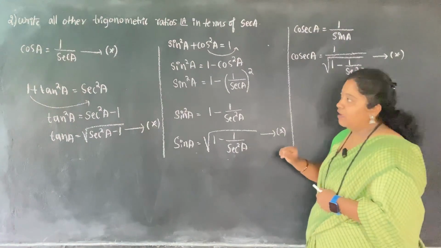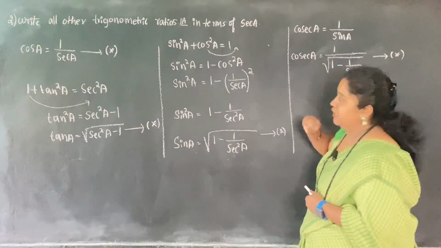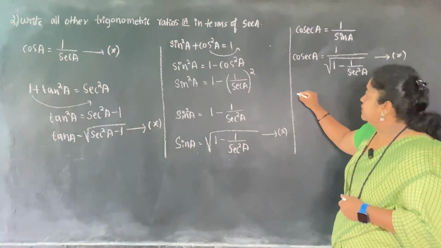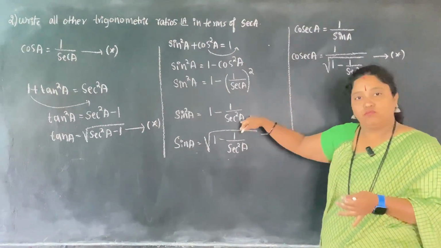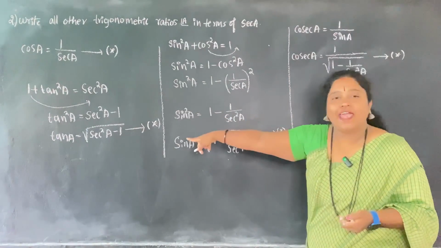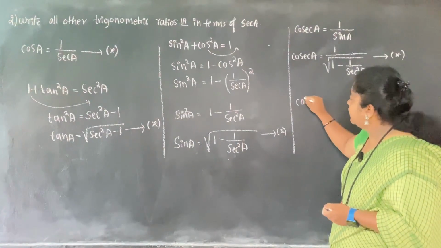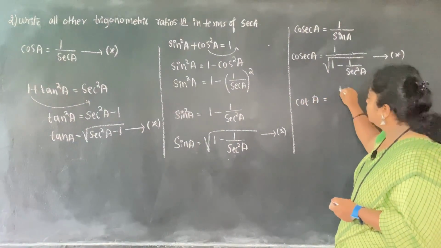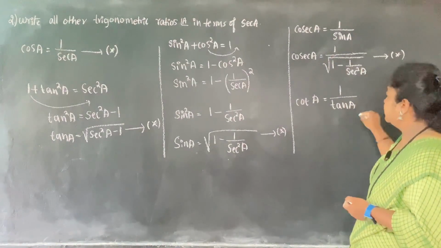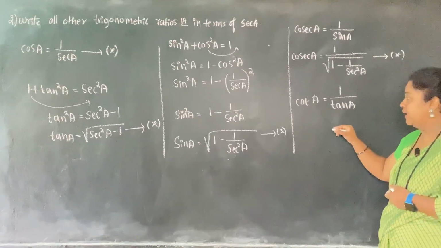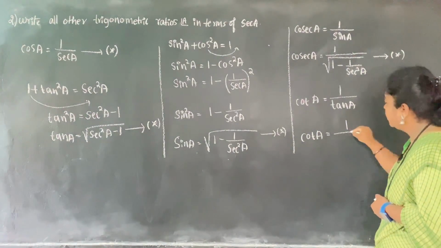See how many we have substituted here? Cos, tan, sine, cosec. Which one is left? The remaining one is cot. So we'll represent cot in terms of sec also. Cot and tan are directly linked with each other, that we know, isn't it, dear? So I'll write cot A is equal to 1 divided by tan A. Just substitute the tan value here.